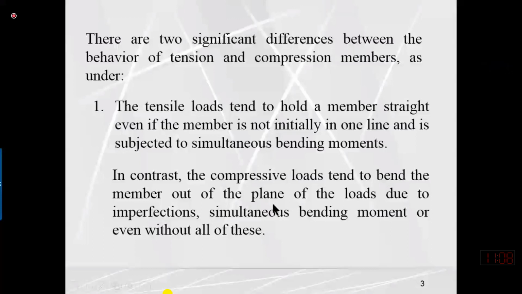Imperfection means that the load is not exactly passing through the center line, it has certain eccentricity, or the member is initially bent, or it has some camber within the member. Also, if it is subjected to bending moment or lateral force along with compressive force, all these parameters reduce the compressive load carrying capacity substantially, which we need to evaluate properly.